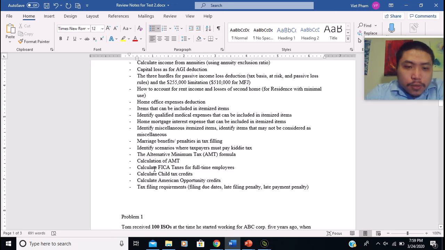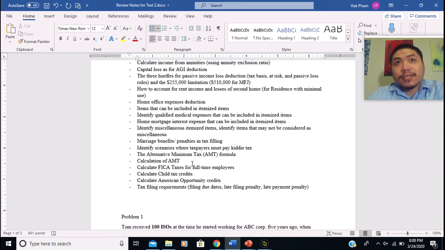Okay, so alright, so next you guys need to be able to calculate FICA taxes for full-time employees. So remember that we spent a lot of time talking about FICA taxes. There were 3 scenarios that we discussed, right? Full-time employees, and the taxpayer who is both an employee of some company, of some employer, and also has his or her own side business, right? And then that's the second case.